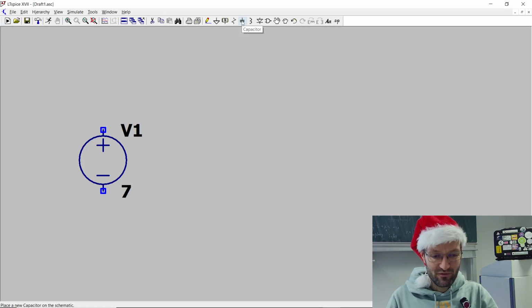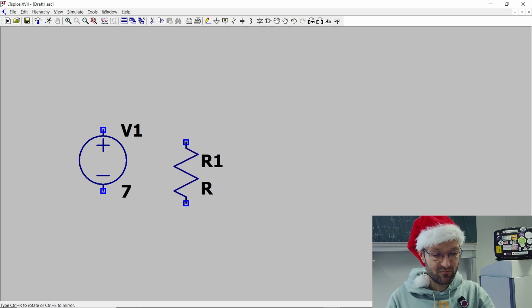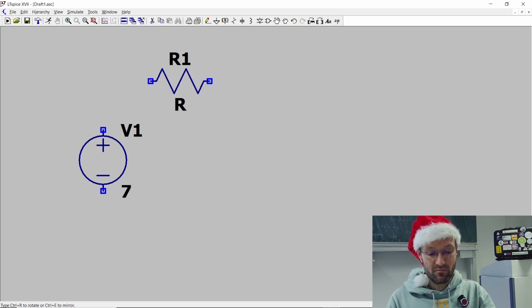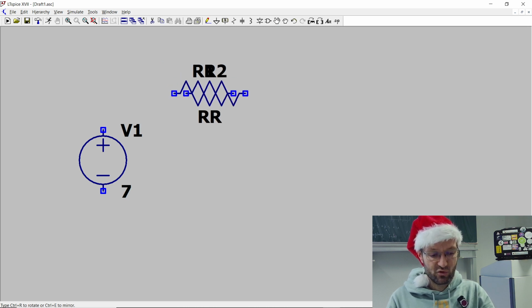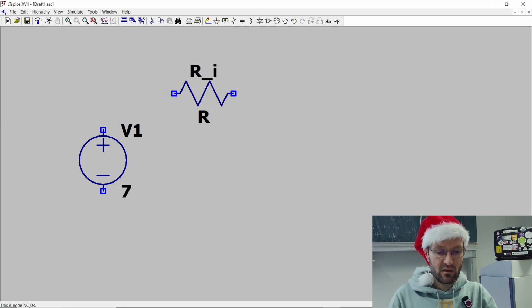The value of the inner resistance, so there's a resistor. I know from my experience that positive current is counting downwards. If I rotate it with Control R, as suggested here in the lower left corner, now current will flow to the right, to the top, and to the left. So I will rename this to inner resistor.